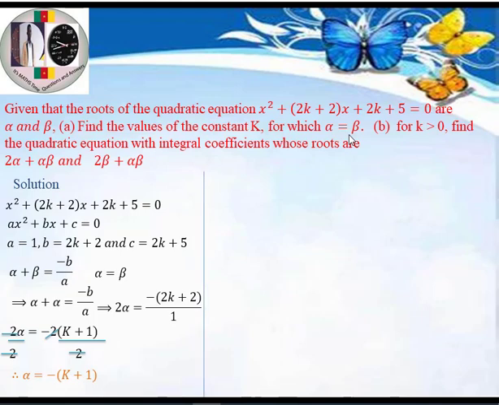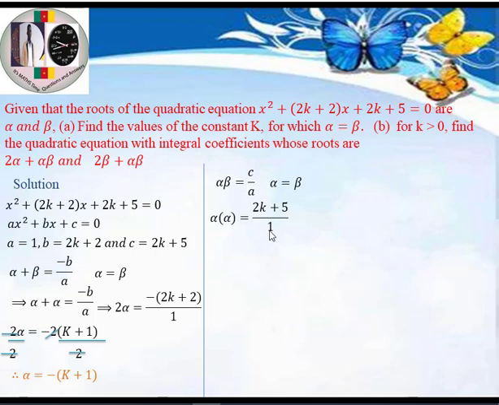Again, if we use this same notion, the product of roots is always alpha times beta, which is c on a. But again, we know that alpha is equal to beta, meaning anywhere we see beta, we can put alpha. So instead of alpha times beta, we are going to have alpha times alpha, and c is 2k plus 5 while a is 1.